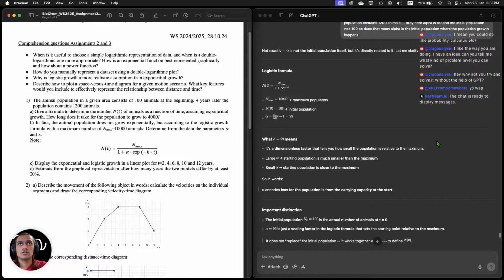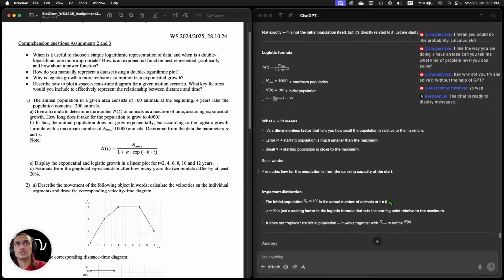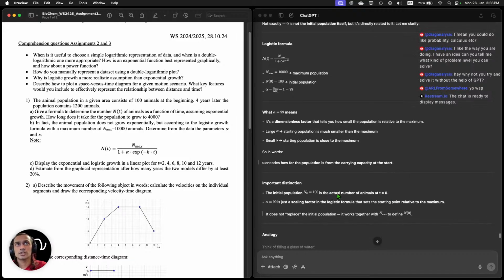Large alpha means the starting population is much smaller than the maximum. Small alpha means the starting population is close to the maximum. So alpha encodes how far the population is from the carrying capacity at the start. Important distinction: the initial population is the actual number of animals at t equals 0, so alpha equals 99. It's just a scaling factor in the logistic formula that sets the starting point relative to the maximum.